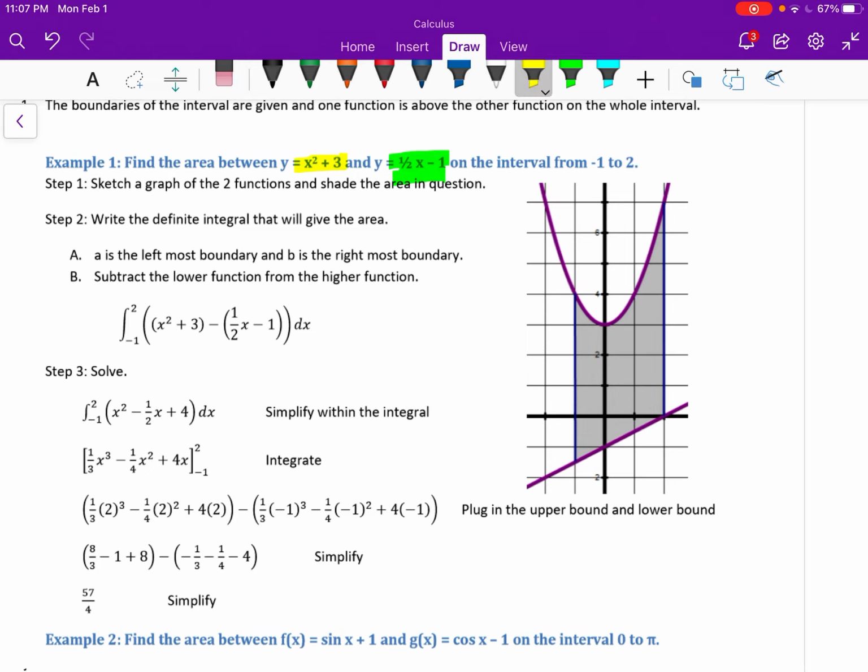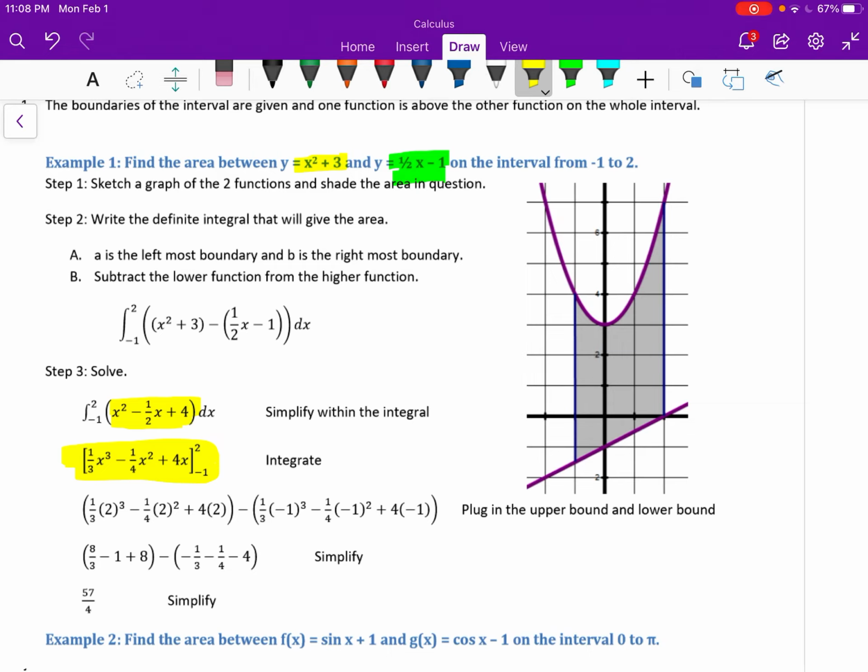So here it is. We distributed the negative and added like terms. And then we can integrate. That's what this step is here. We took the integral. Now we'll plug in our values for the upper and lower bounds, the limits of integration, and we simplify.